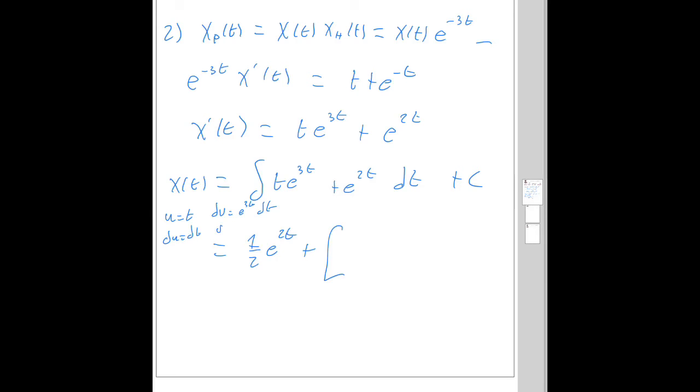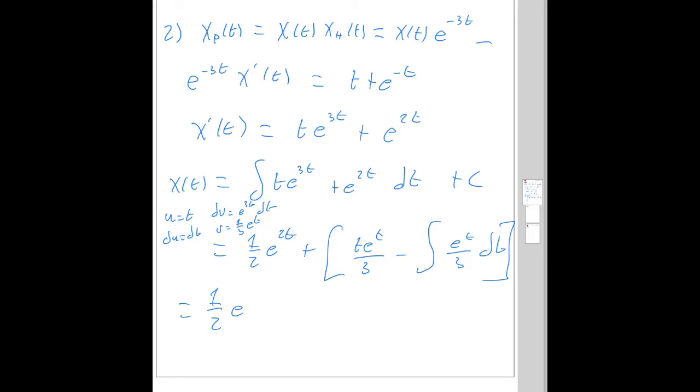So this means du is equal to dt, and v is equal to 1/3 e to the 3t. So this is going to be u times v, so t e to the 3t over 3, minus the integral of v du. So v is 1/3, so this is going to be minus the integral of e to the 3t over 3 dt.